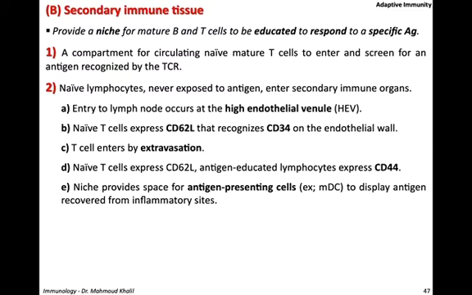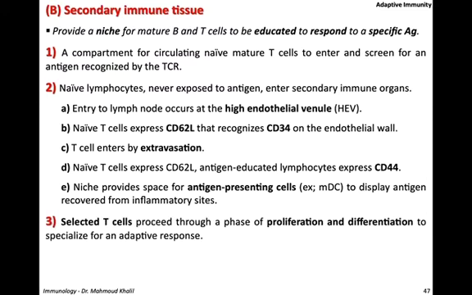This niche provides space for meeting between the antigen-presenting cells that can display the antigen recovered from any inflammatory sites. The selected T cells, why are they selected? Because they are activated by the antigen that is expressed on the surface of the antigen-presenting cell.